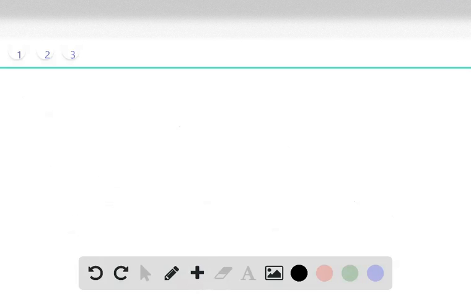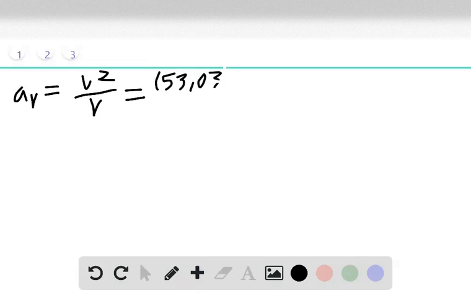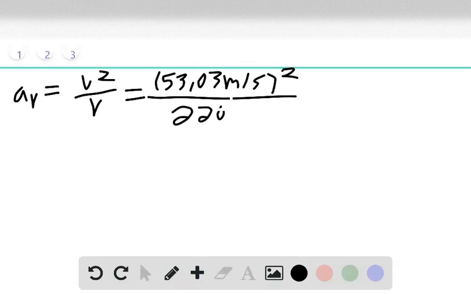And now we can solve for the radial acceleration. So a_R equals, we know this equation well, v squared over r. So now this is equal to 53.03 meters per second, the square's on the outside, squared, over r, 220 meters.